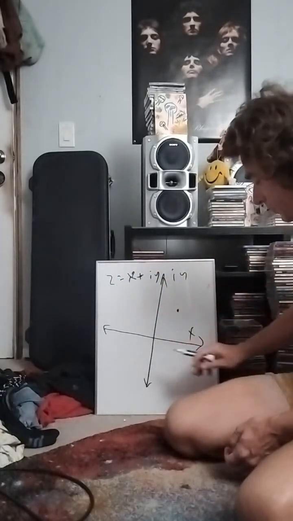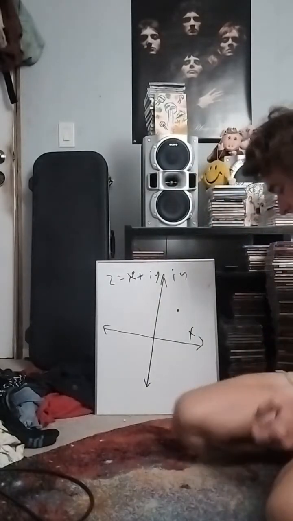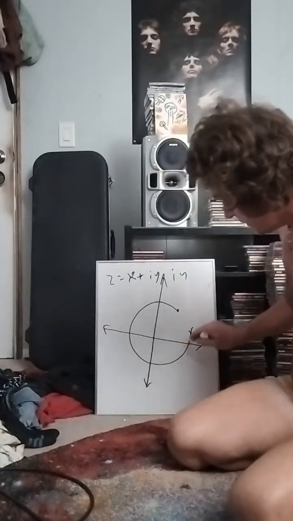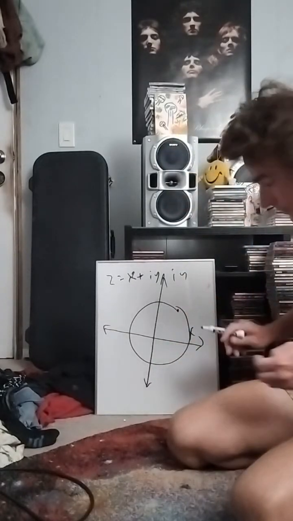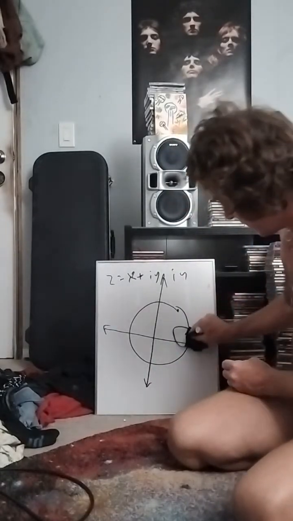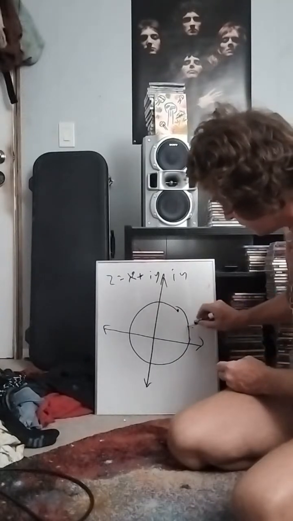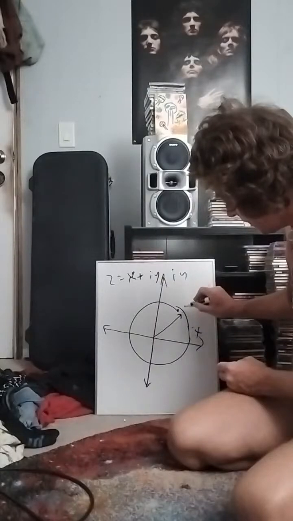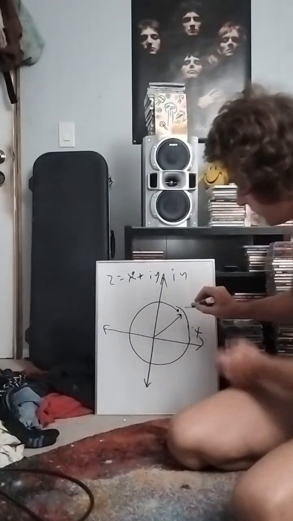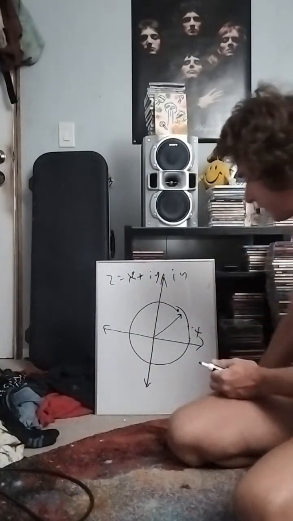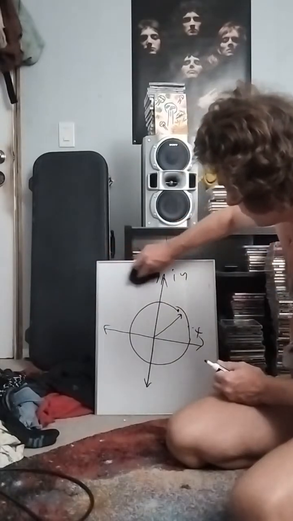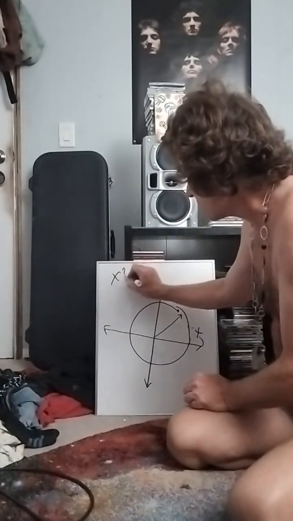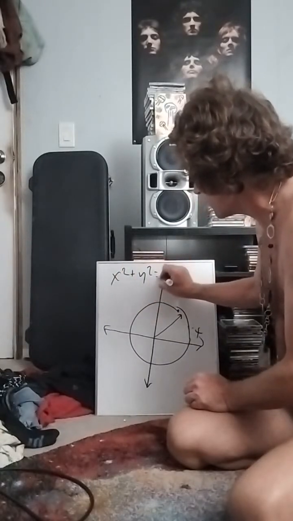One cool thing to do with this is draw a circle centered on the center, and let's say the radius is 1. If the radius is 1, the equation for a circle is x squared plus y squared equals r squared.